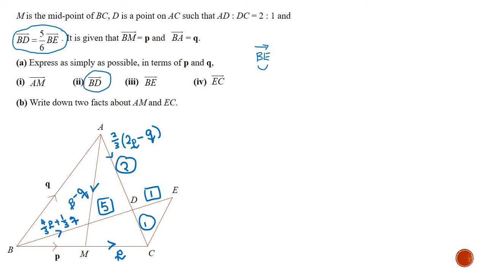So the easiest way to find vector BE in terms of vector P and Q will simply be to use 6 over 5 multiplied by vector BD.